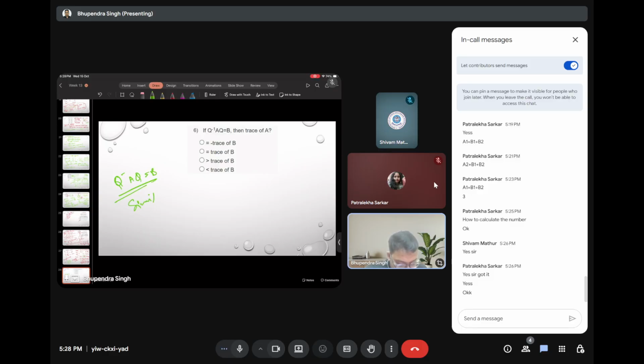This is a similarity transformation, so trace of A will be equal to trace of B. They are asking for trace of A. Under this similarity transformation, your traces or characters remain unchanged.